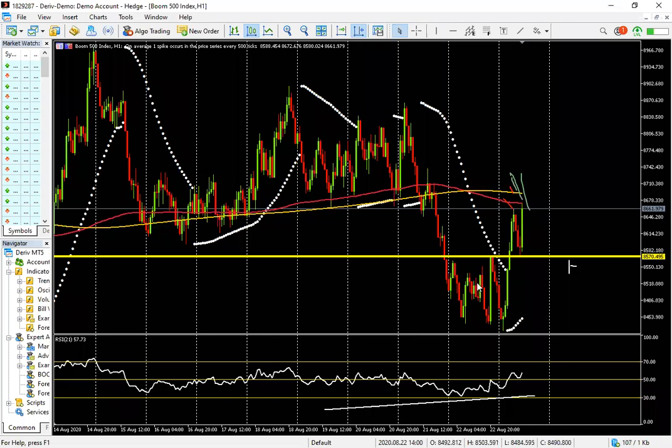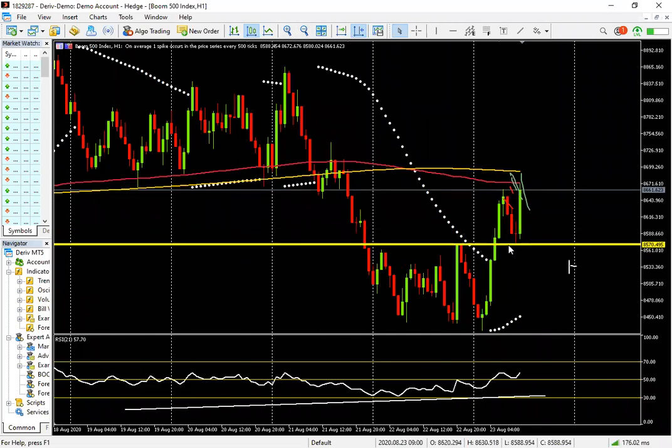So there was a downtrend, two candlesticks were red, coming down, and all of a sudden there was a doji here. Does this doji mean a sign of buy?